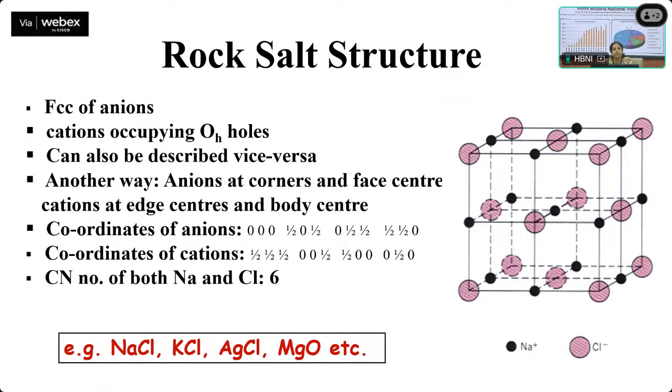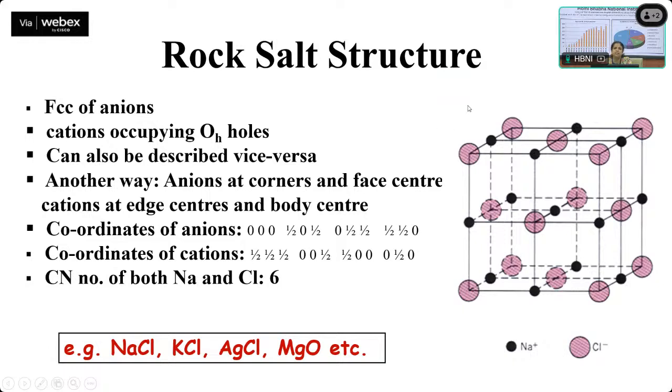And what is the coordination number of chloride? Concentrate on any one chloride, say the corner chloride. How many sodium ions are around it? 1 here, then 1 exactly on the top, then 1 here exactly in the unit cell behind it, 1 here exactly in the unit cell on this side.